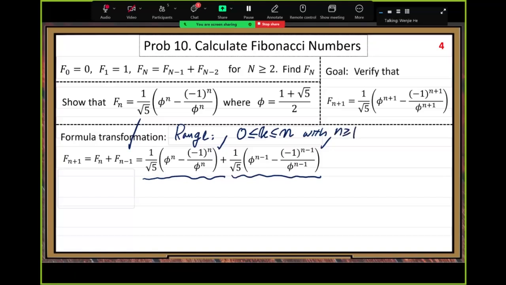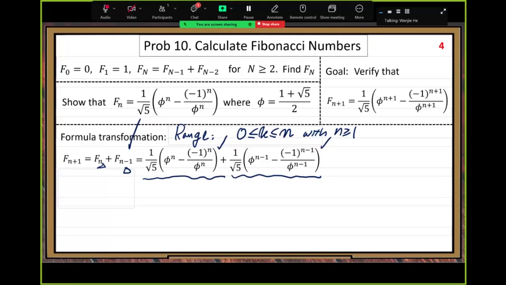So now we need to check, is n in the range? Yes, last one, upper bound. N is in the range. Is n minus 1 in the range? Yes. So both subscripts n and n minus 1 are in the range. So it's legal. We can use these two expressions.